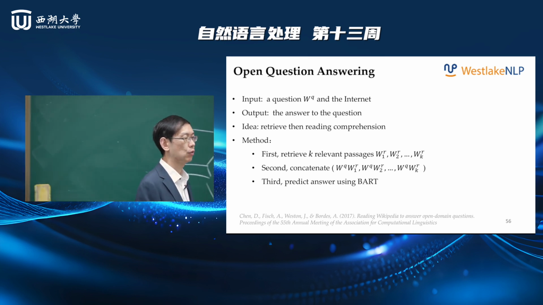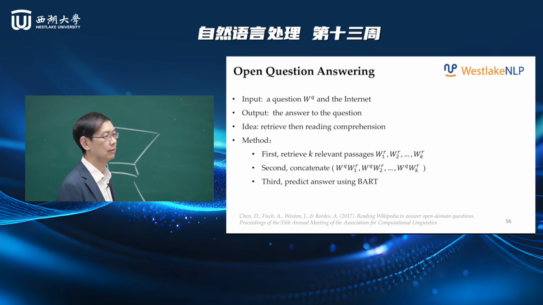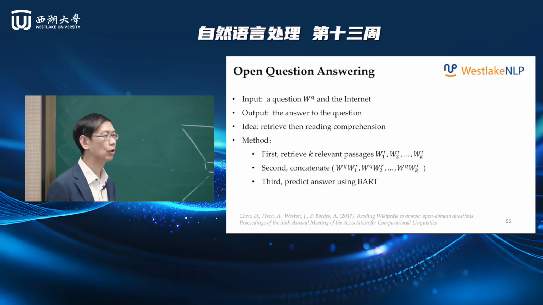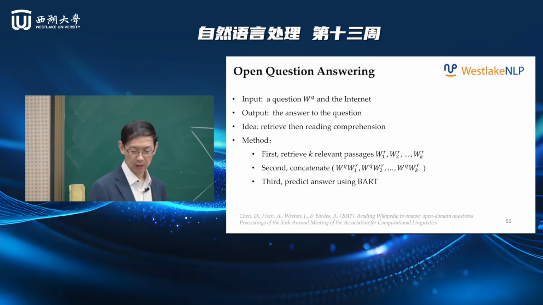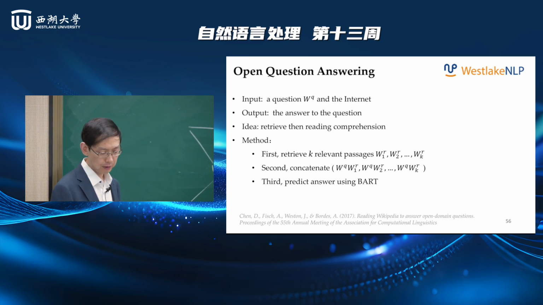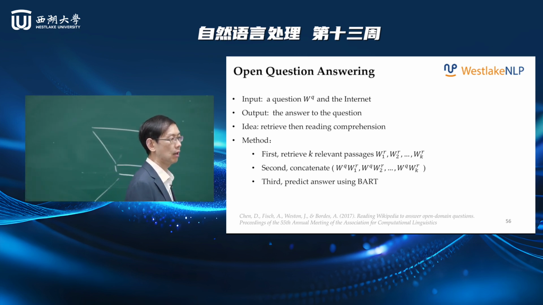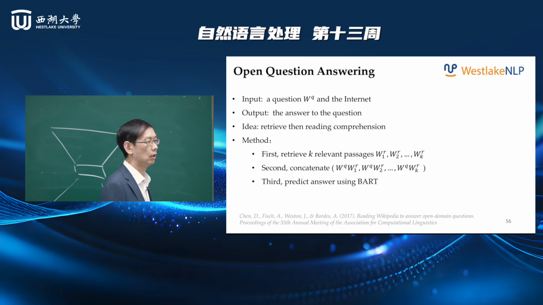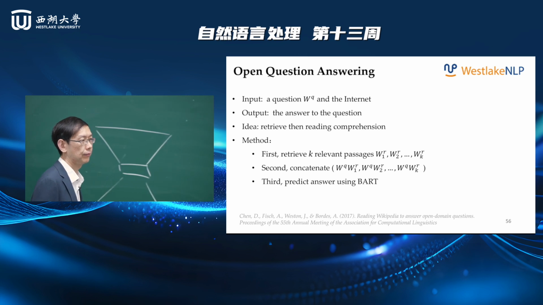The input is a question, okay, and the whole internet, or a set of documents you want to use to answer the input question, okay? And the output is the answer to the question. It's more complicated than machine reading comprehension because there are a lot of candidate passages you need to read to get the answer.